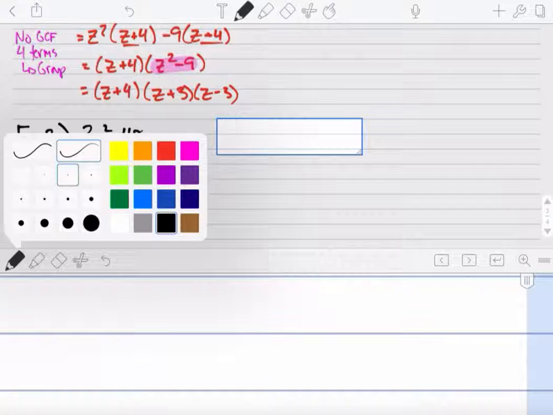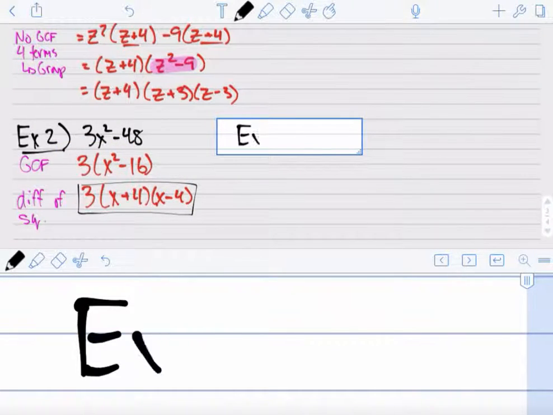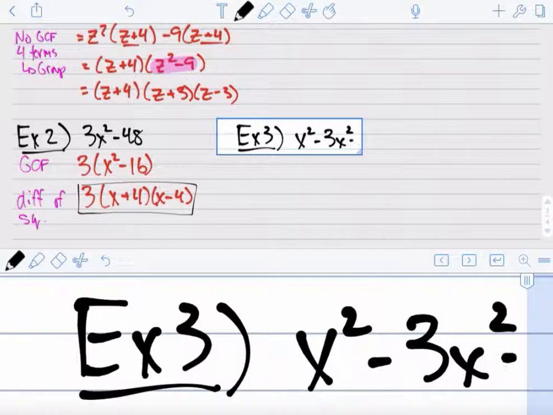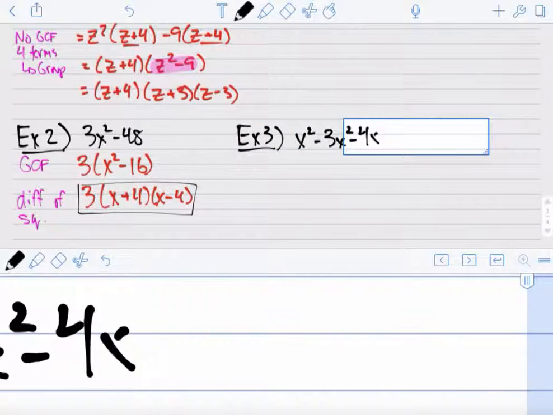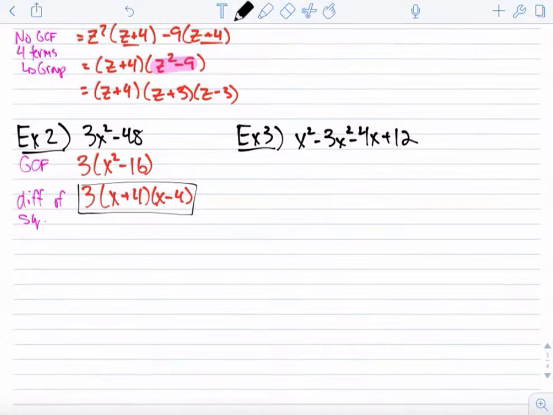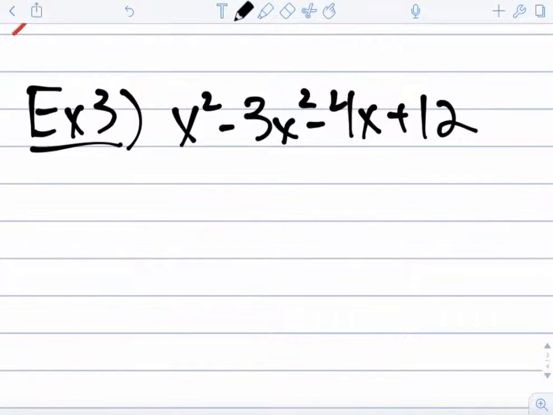Looking at another example: x cubed minus 3x squared minus 4x plus 12. It's 4 terms with no GCF, so we look at factor by grouping.